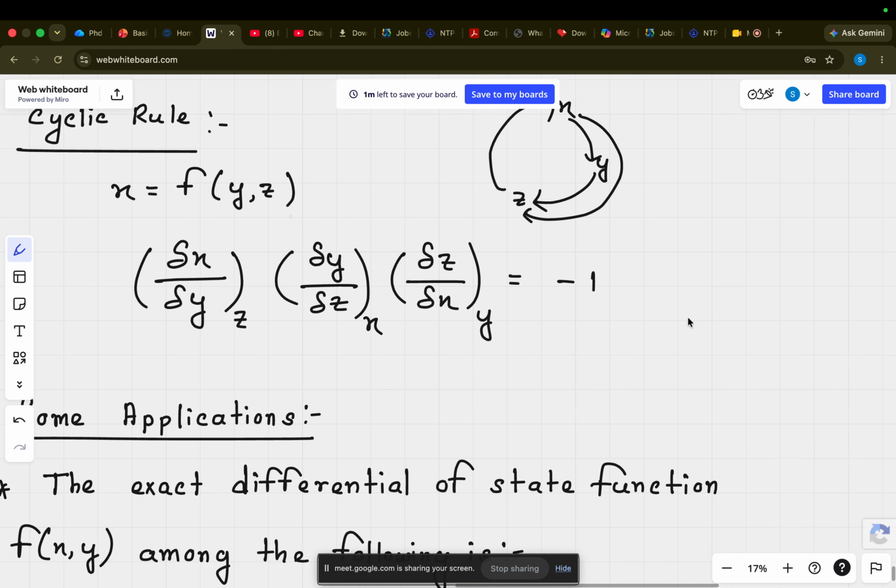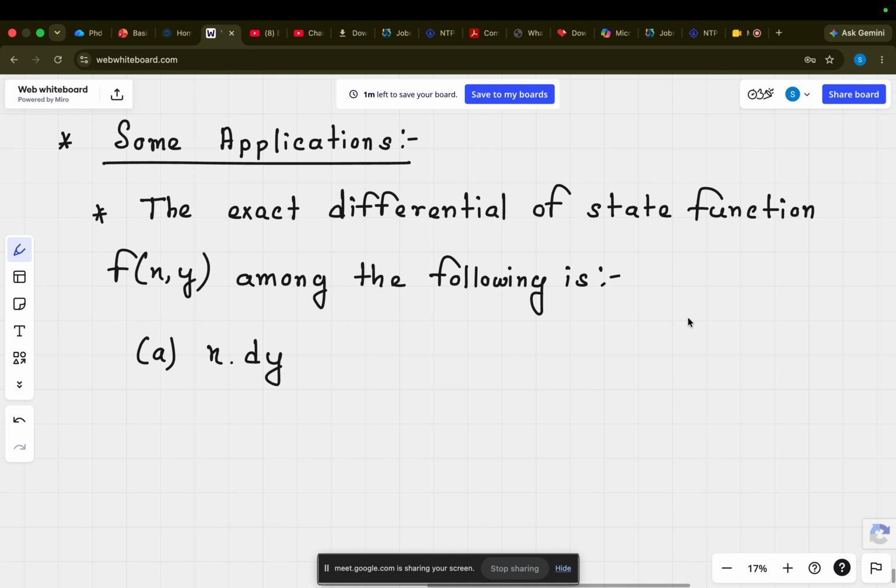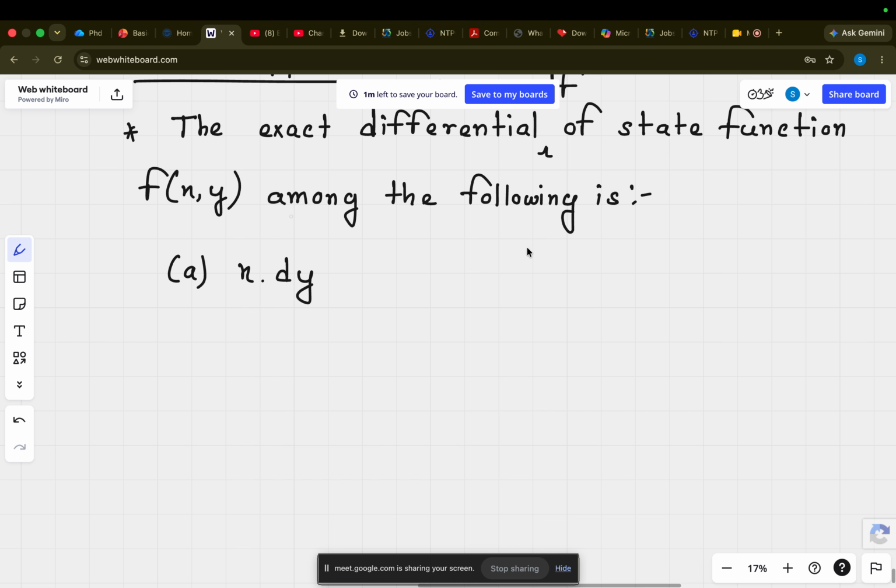So here they are asking for the exact differential df of a state function f of x y, among the following. So suppose I have x into dy, that I can write as follows.